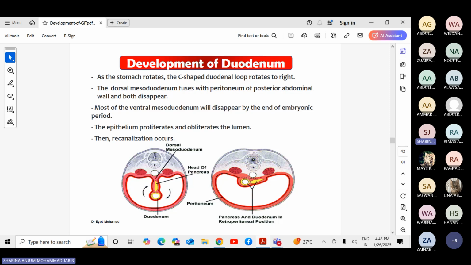This is the fused part where you can see, and now here you can see this is the duodenum after the rotation. Okay, so this is the developing pancreas. So we know that the head of the pancreas lies in the C-shaped duodenum.